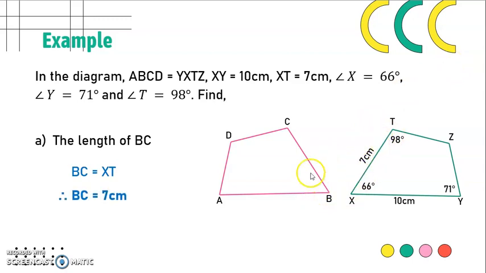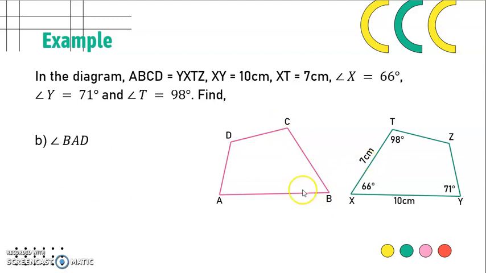So we can say that BC is equal to 7 cm. Next, angle BAD. So this angle. Angle BAD is equal to angle XYZ. This angle. So we know that angle Y is 71 degrees. So angle BAD is equal to 71 degrees.